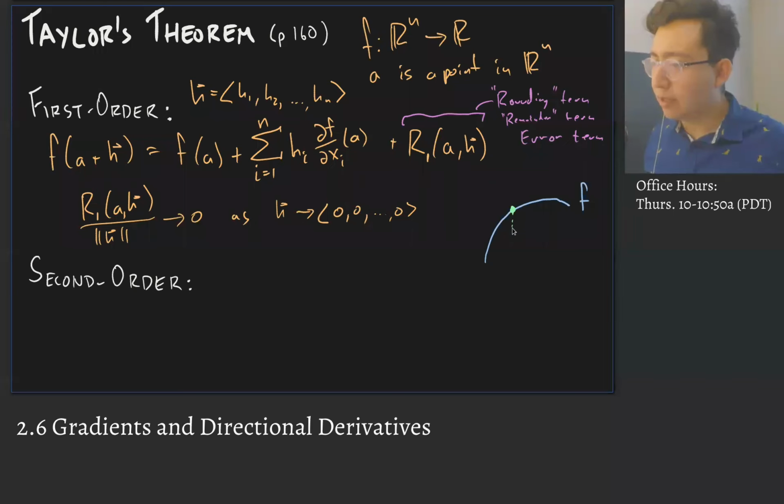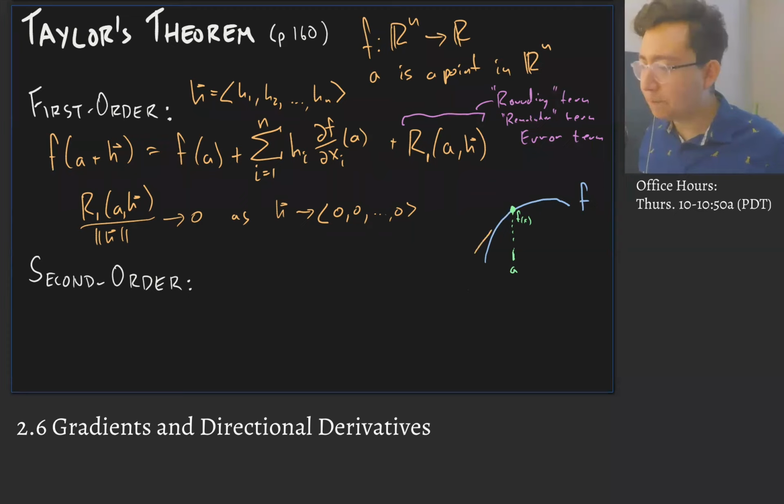This here is the point A. So this here is f of A. Now, if we look at the tangent plane, in this case, because n is equal to 1, the tangent plane is actually a tangent line.